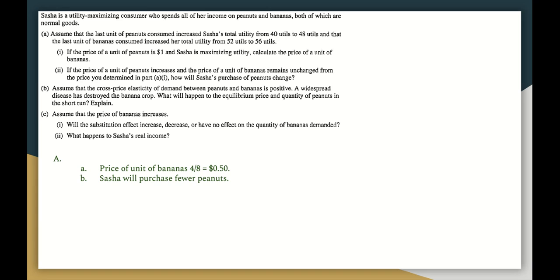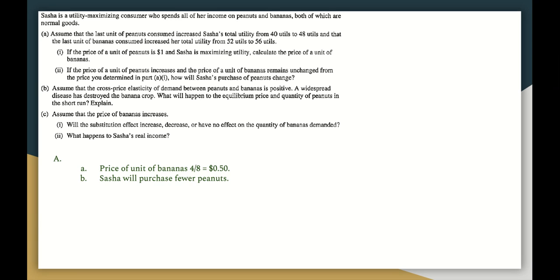Letter B, assume that the cross price elasticity of demand between peanuts and bananas is positive. A widespread disease has destroyed the banana crop. What will happen to the equilibrium price and quantity of peanuts in the short run? Because we are told that it is positive, we know that they are substitutes.